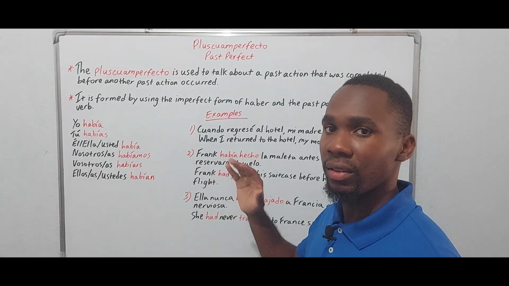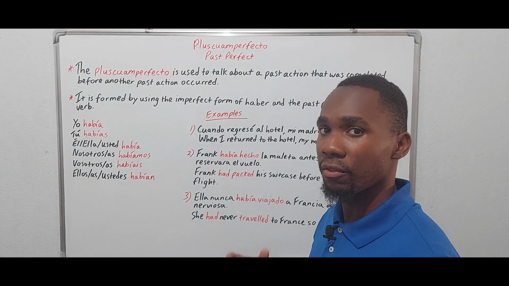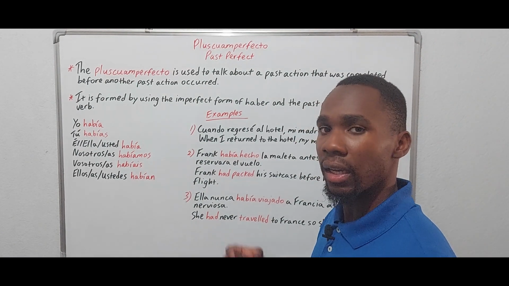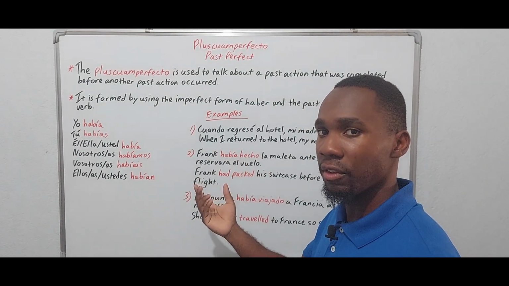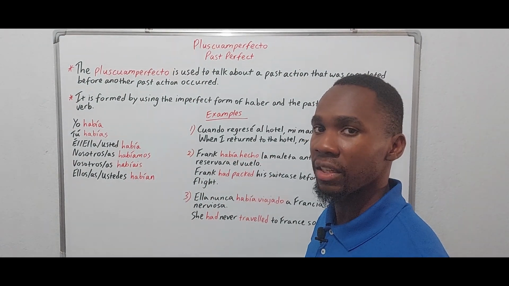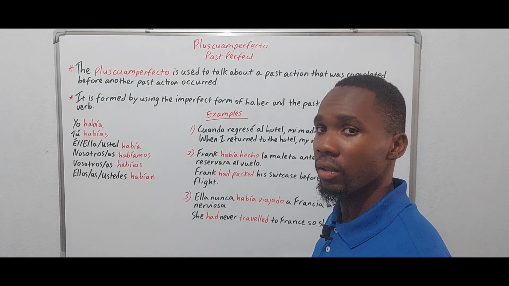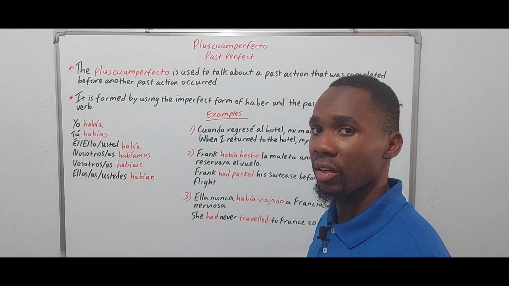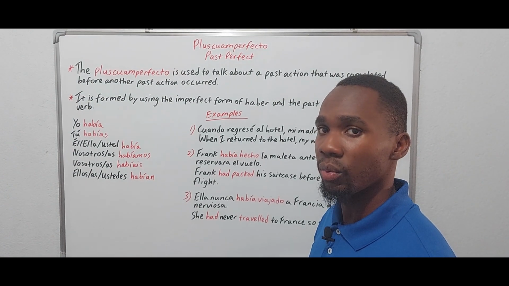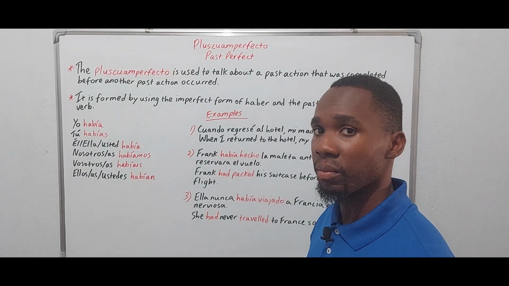And of course, we're going to see examples shortly, but before we get to the examples, let us look at the formation. So this is a compound tense. It comprises the imperfect form of haber and the past participle of the main verb. We're not going to spend any time on the formation of the past participle because I would have already done that in the previous video, which was on el pretérito perfecto, the present perfect.